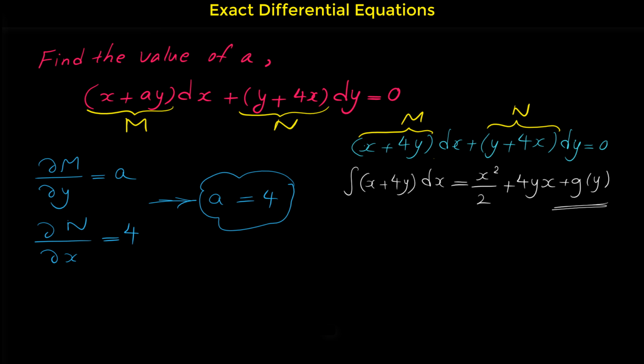Now for finding g of y, if we take the derivative of this with respect to y, it should equal n. Derivative of x squared over 2 with respect to y is 0. And the derivative of 4yx with respect to y is 4x. And the derivative of g of y is g prime of y. And it should equal n, which is y plus 4x.